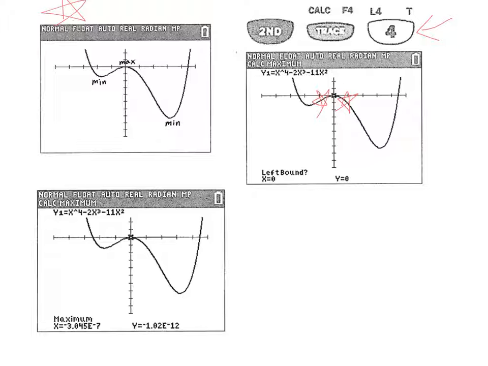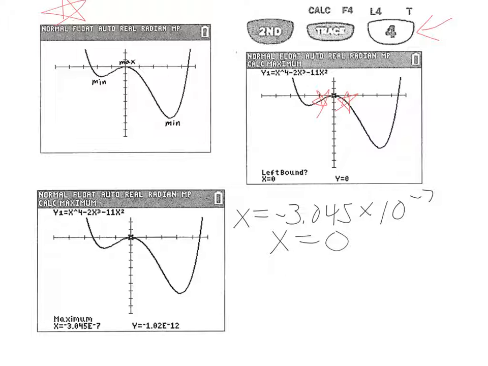When you see an E like that on the calculator, that is scientific notation. So, for example, for the x, what that really means is negative 3.045 times 10 to the minus 7. Well, if you move the decimal point 7 places to the left and fill all that in with zeros, that number is basically 0.